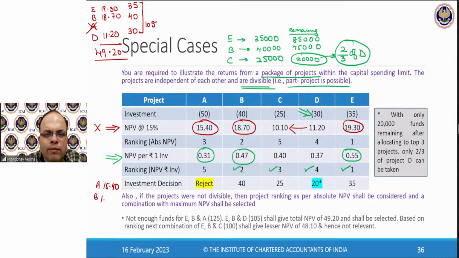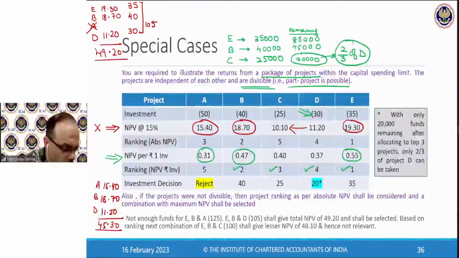B has 18.7. And D has 11.2. So let's see what is the total NPV here. 45.3. So utilizing the entire 1,20,000, you are getting only 45.3 NPV, whereas in E, B, and D, where you invest only 1,05,000, you're getting 49.2 as NPV, guys.